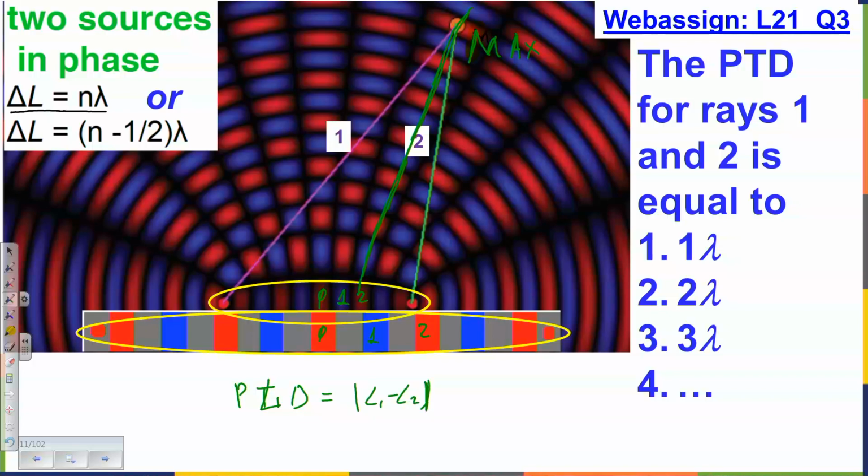But to calculate this difference it is easier to use that enlarged portion of the picture between the sources. So this is this maximum, and that is supposed to be called L1. That was supposed to be called L2 for this particular representation of this maximum.